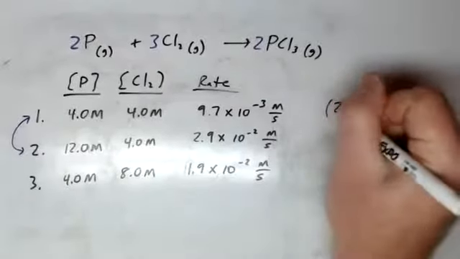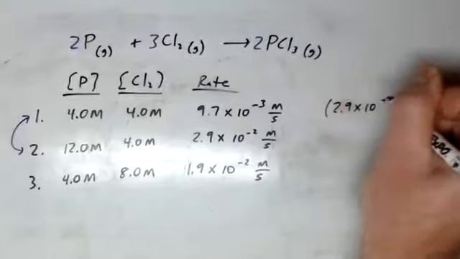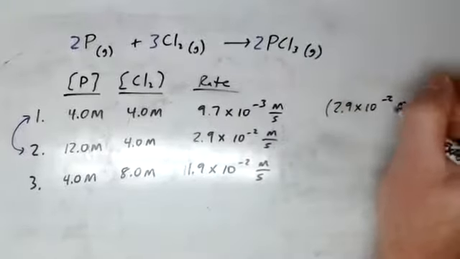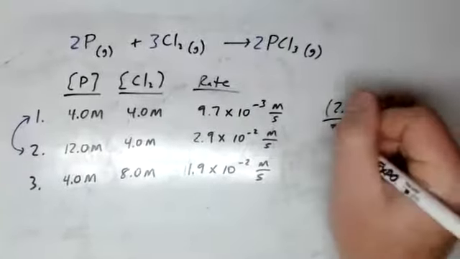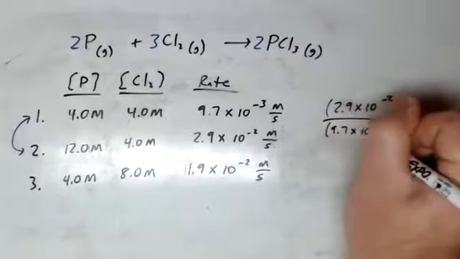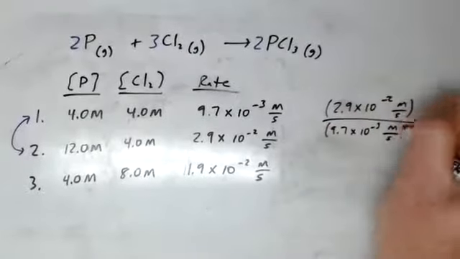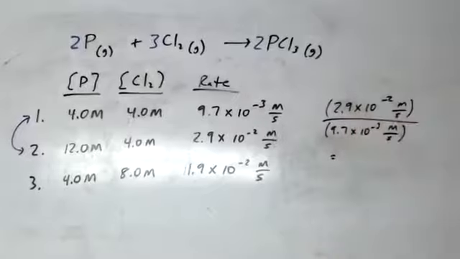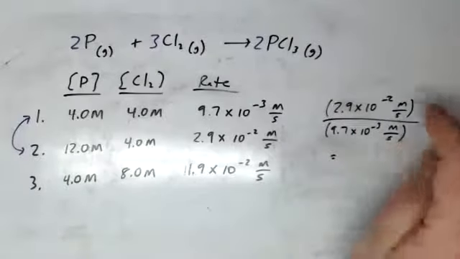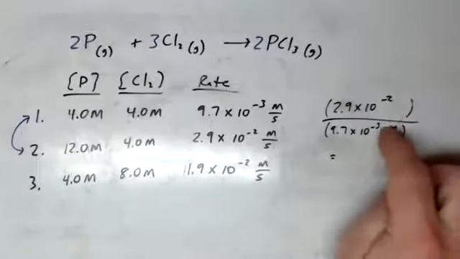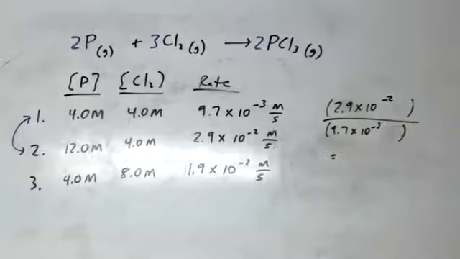Well, simply do 2.9 times 10 to the negative 2 divided by 9.7 times 10 to the negative 3. And when you do this in your calculator, of course, you're not going to include the units in your calculator, but make sure you do include parentheses to avoid weird little math errors.